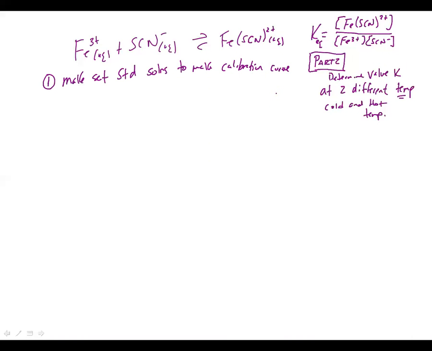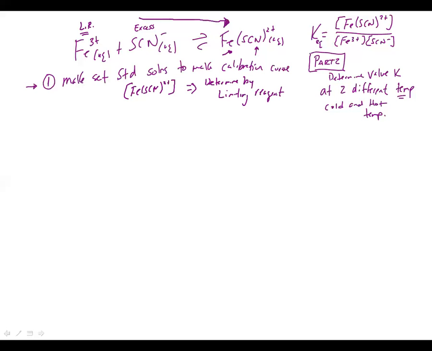The first part of the experiment, where you're making your standard curve, was set up so that we had a whole bunch of thiocyanate. Just like in basic stoichiometry, when you do limiting reagent problems, it is the limiting reagent that determines how much product you would make.